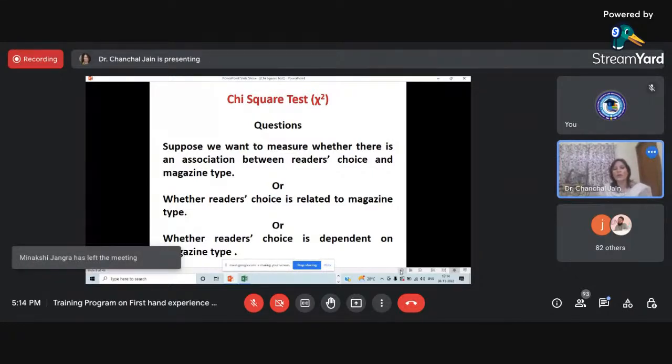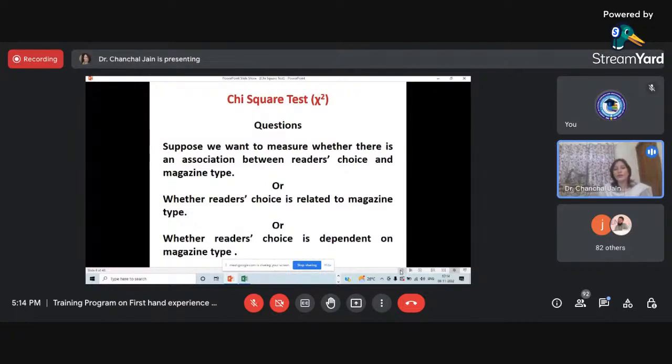This question can also be formulated in a second way: whether reader's choice is related to magazine type, or whether reader's choice is dependent on magazine type. All three questions are saying the same thing, that we are interested to find whether there is any link between the magazine type and the reader's choice or not.